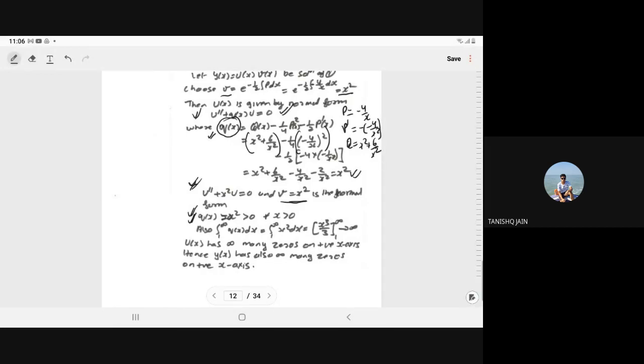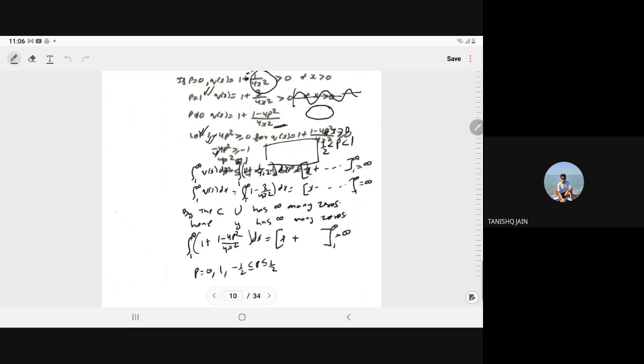Then the integral from 1 to infinity of x square is x cube upon 3, limit 1 to infinity, which gives you infinity. So it satisfies both conditions of theorem C.